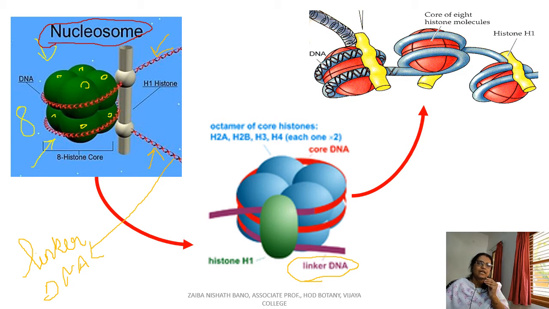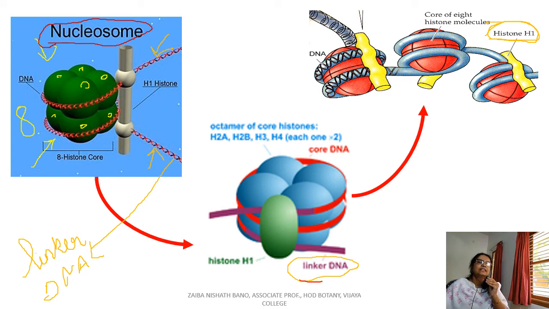I told you the largest of the histone proteins is H1. So this H1 histone protein binds the two rounds of the DNA that move around the histone octamer. After these two rounds of the DNA are bound by the H1 histone protein, the DNA that leaves this octamer is called the linker DNA.